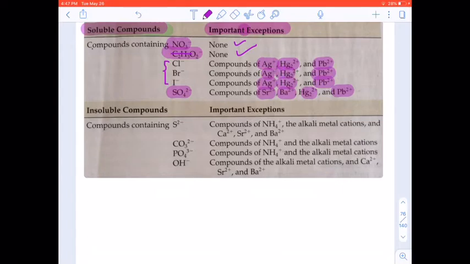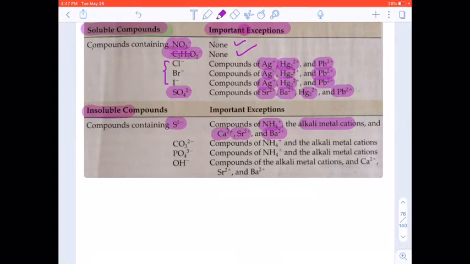Then we have our sulfides. Here we find that most of them are insoluble, but the ones that are soluble are ammonium sulfide and alkali metal cations, together with calcium, strontium, and barium. I showed you where the alkali metals are. So that means all alkali metal sulfides are soluble.